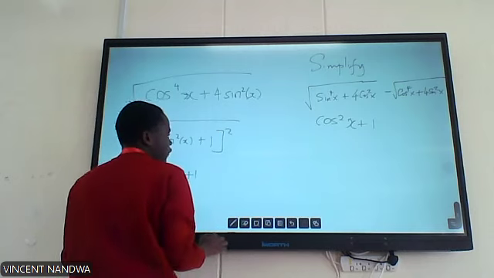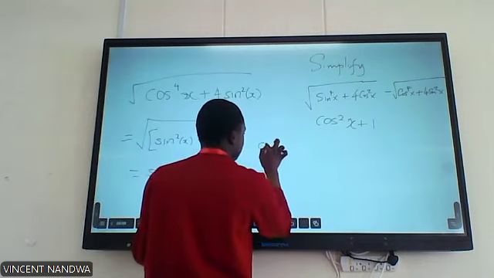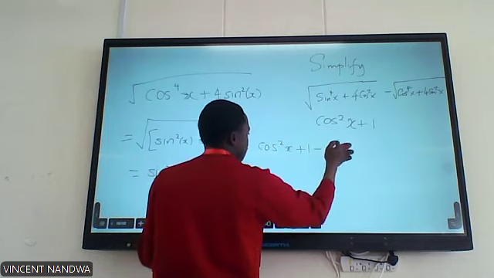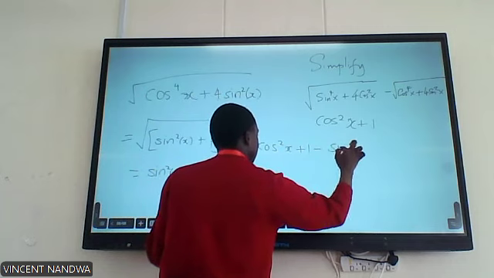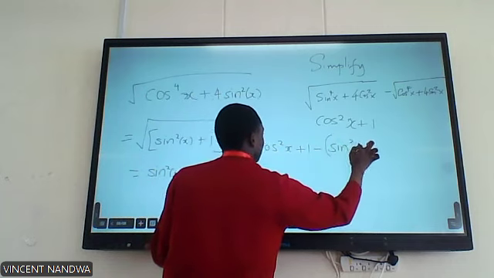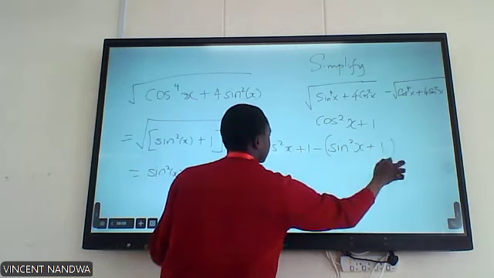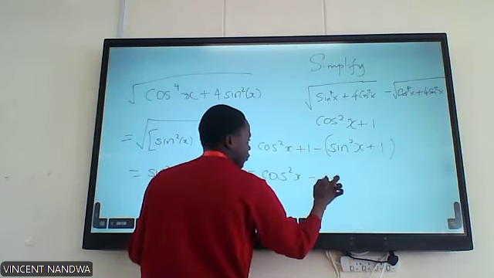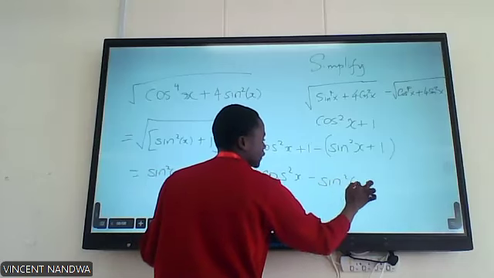So now when you combine, it will be cosine squared x plus 1 minus sine squared x plus 1. So now this becomes cosine squared x minus sine squared x. The ones have gone out.